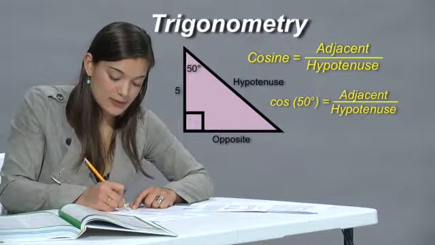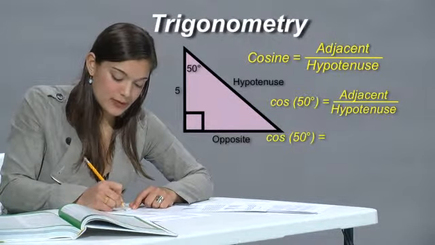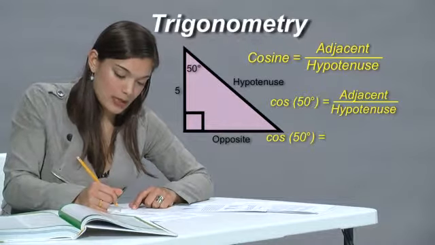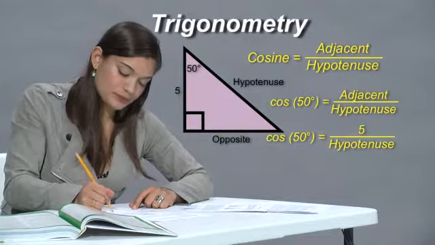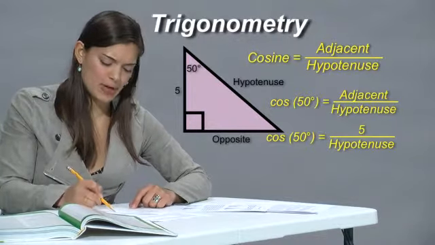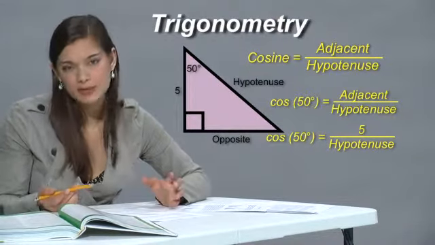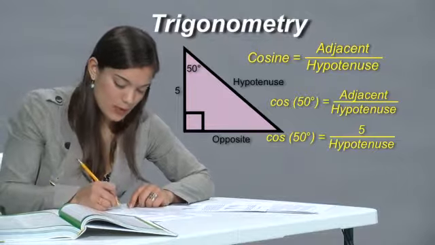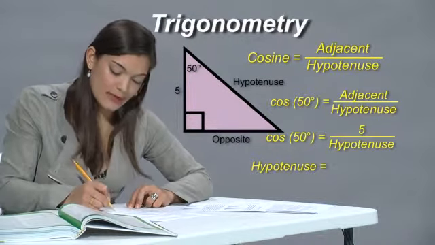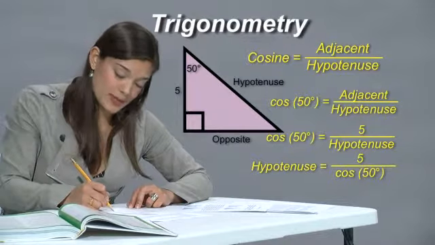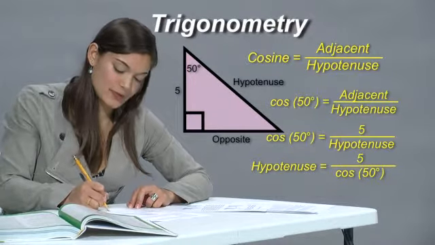So now we know cosine of 50 degrees equals 5 adjacent over hypotenuse. And we're trying to find hypotenuse, right? So we just cross multiply like we normally do. And we'll get hypotenuse equals 5 divided by the cosine of 50 degrees.